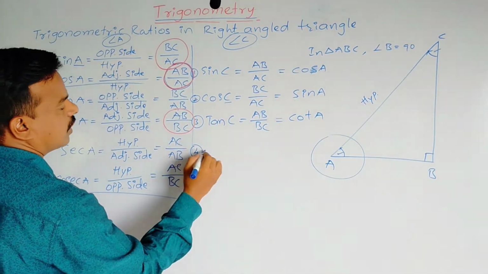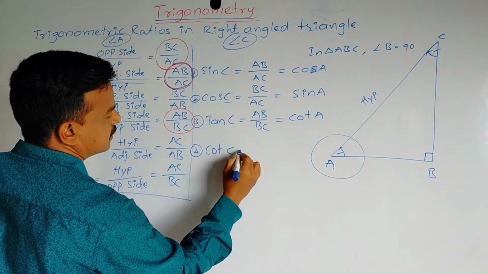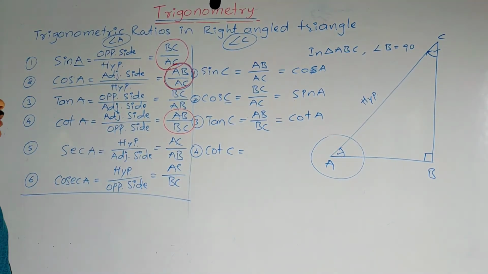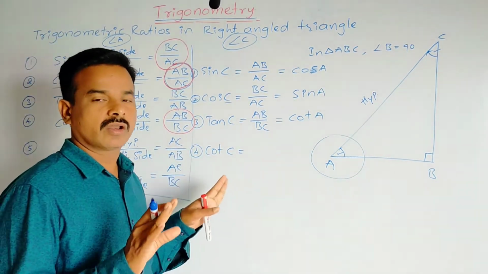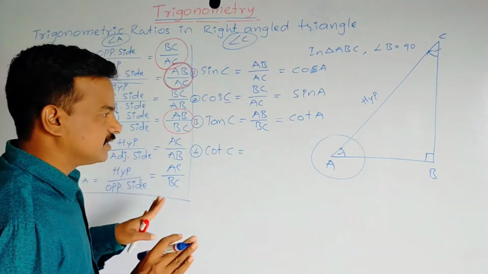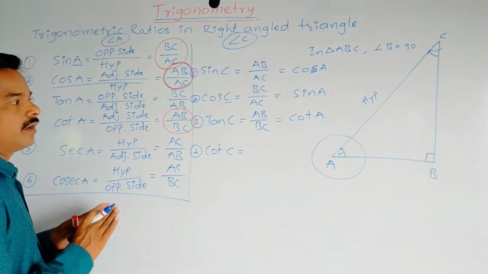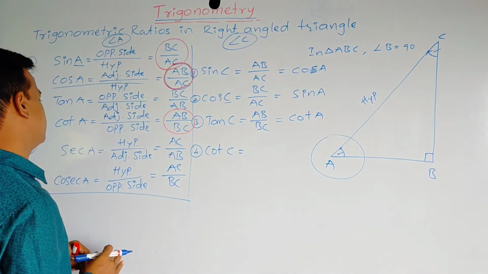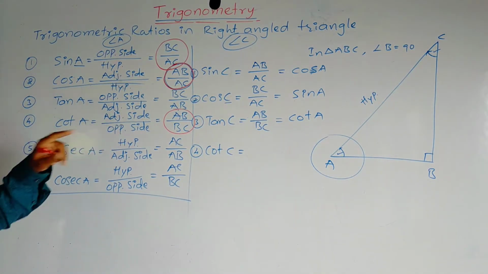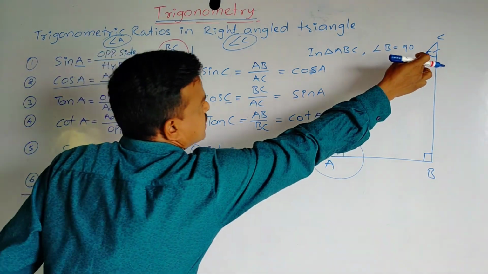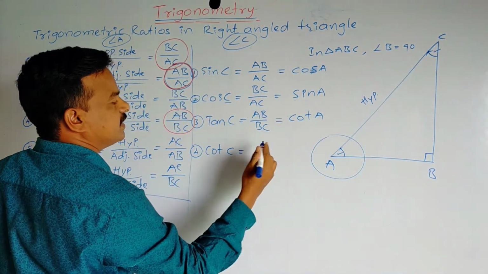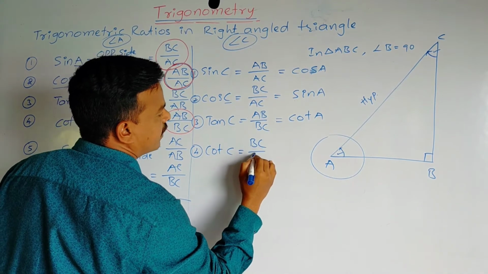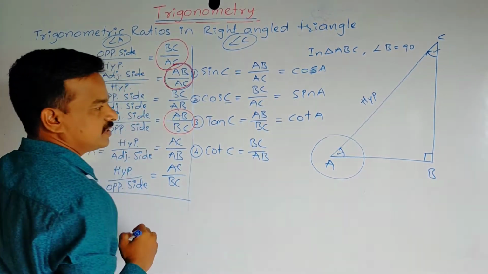Also fourth, cot C. The value of cot C, the trigonometric ratio cot, is adjacent side divided by opposite side. The adjacent side of angle C is BC, divided by the opposite side AB.